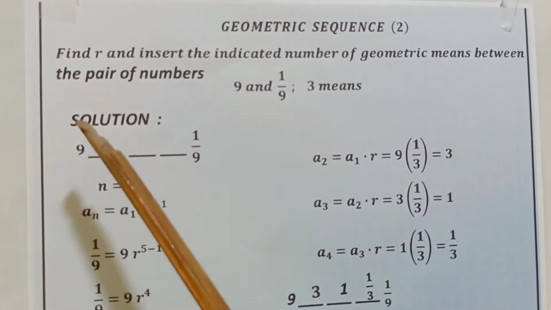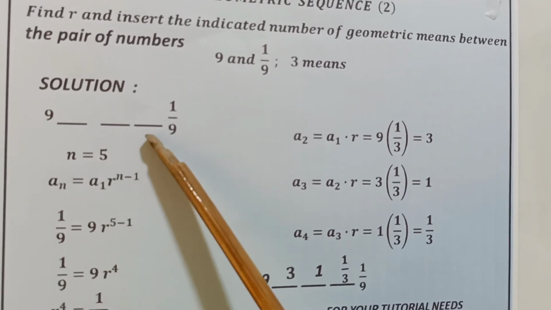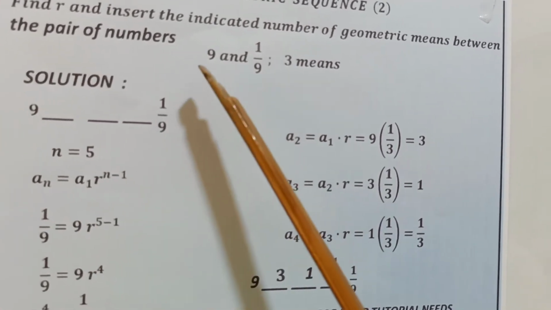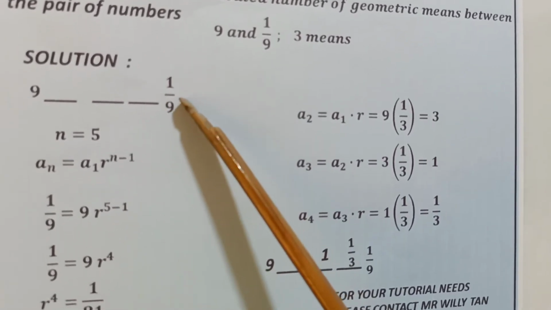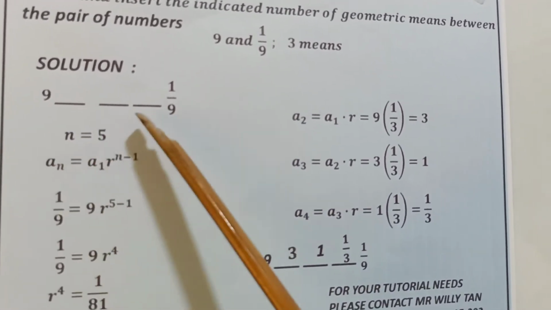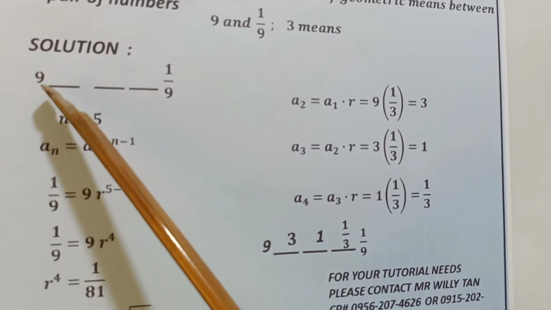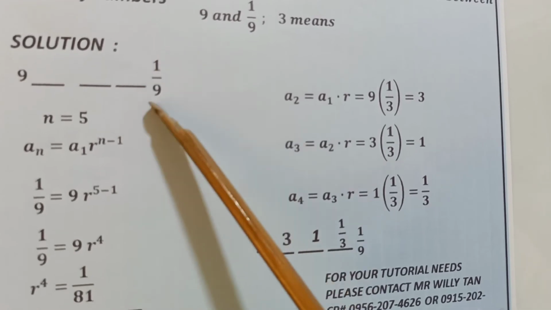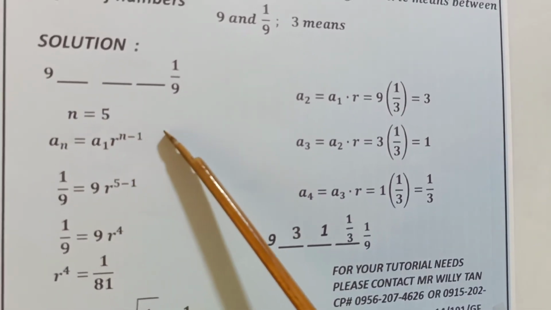We get 9, the three terms here, and 1/9, which is the a sub n. So the total number of terms is 1, which is 9, then 2, 3, 4, and this 1/9 here is 5. So the number of terms is equal to 5.